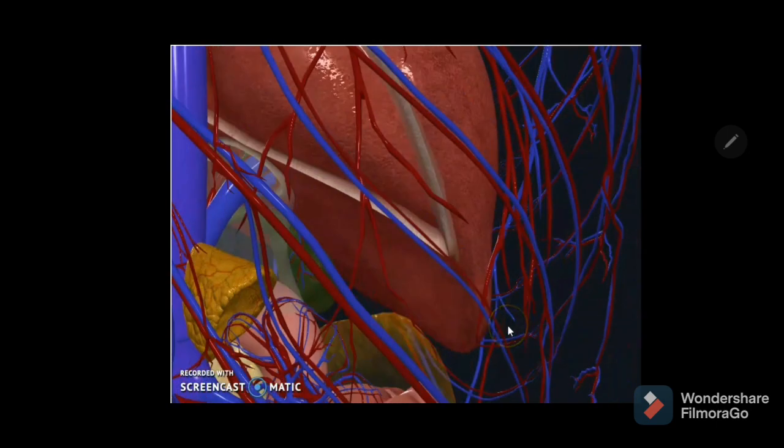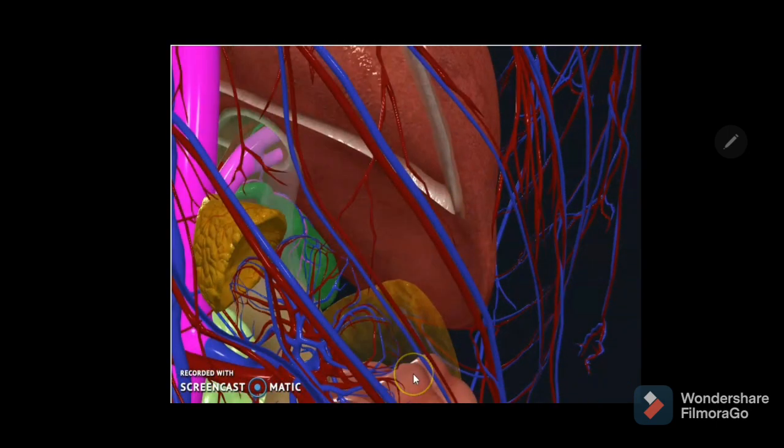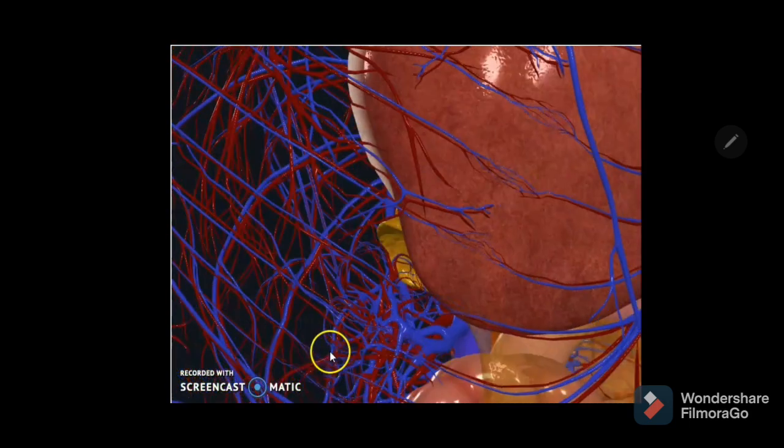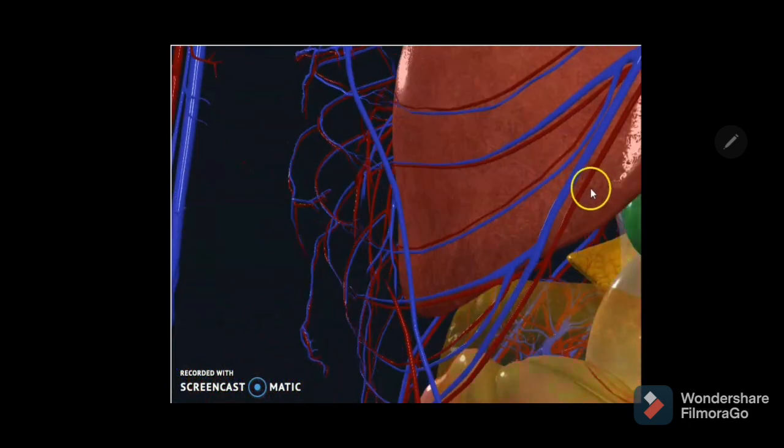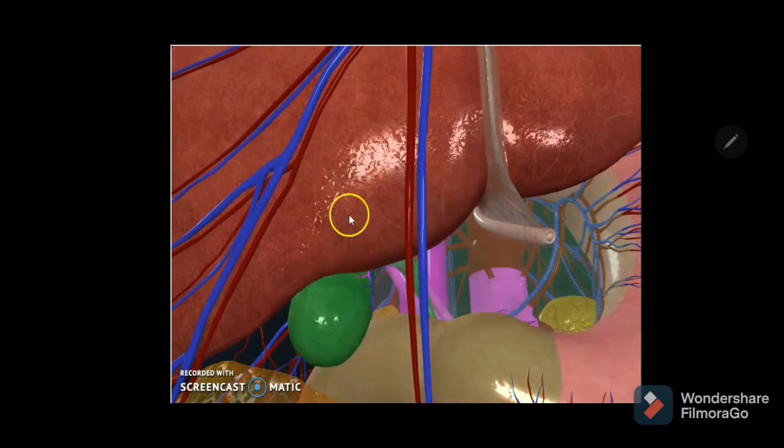Let us see the relations of all the individual components of the extrahepatic biliary apparatus. So you are seeing the inferior surface view here. If you just pull it here, you can notice the liver, and most of the extrahepatic biliary apparatus lies beneath the liver.